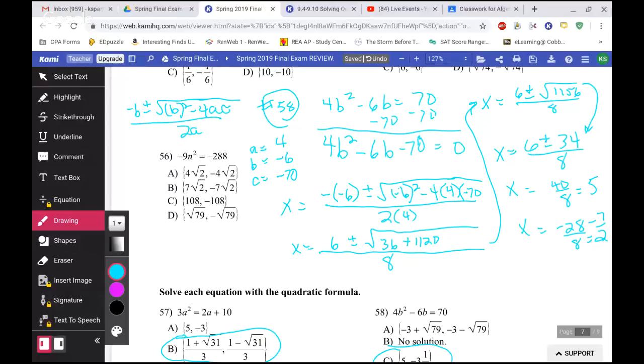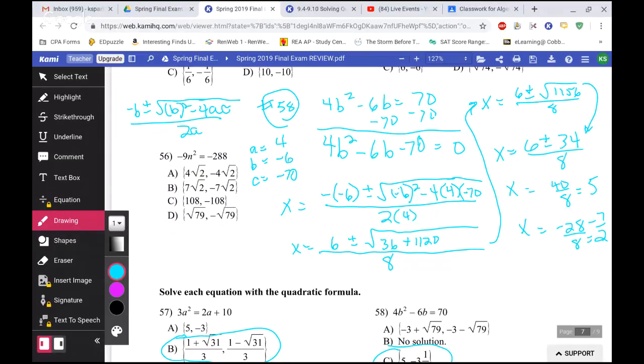It's a perfect square. So then I've got 6 plus or minus 34 all over 8. Just like in previous answers, I've had a number plus or minus and usually something times a radical over something. But in this case, it's 6 plus or minus 34 over 8.